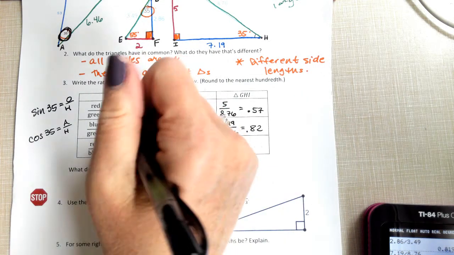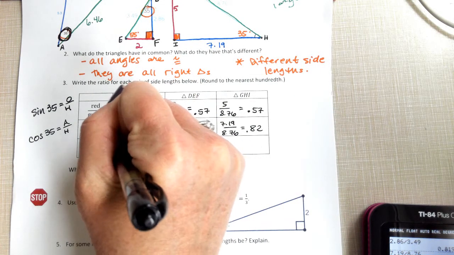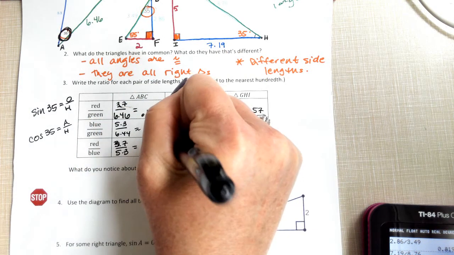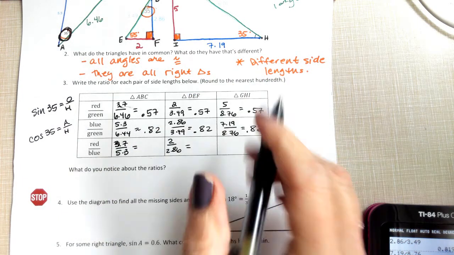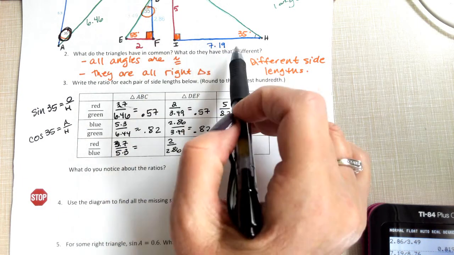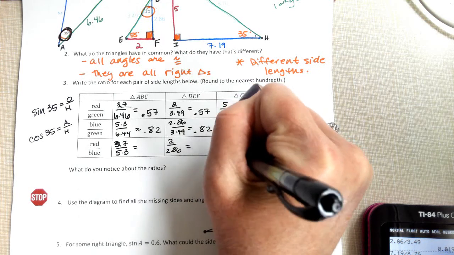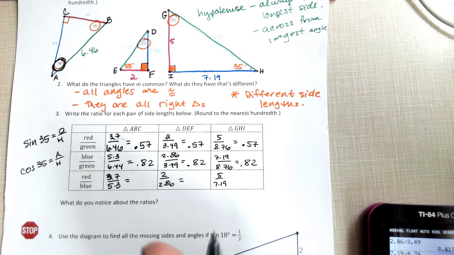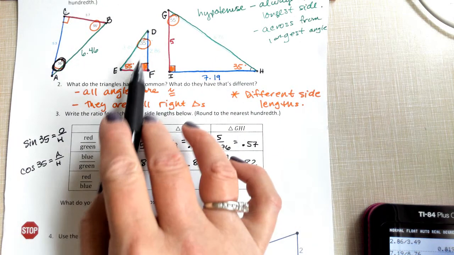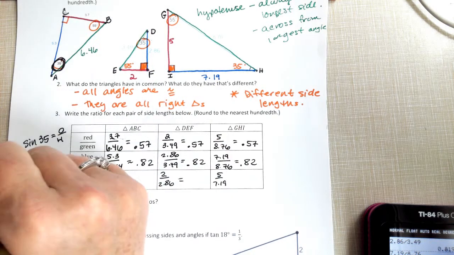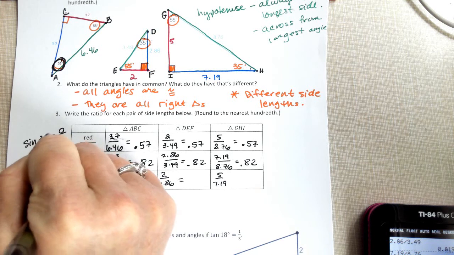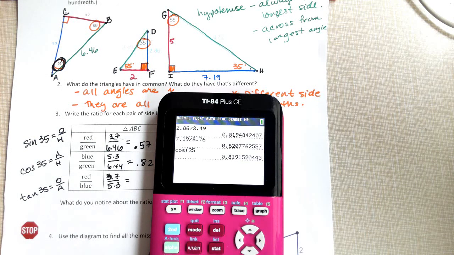Okay, red over blue: 3.7 over 5.3, 2 over 2.86, and 5 divided by 7.19. So red over blue we know to be the tangent, which is opposite over adjacent. If I hit the tangent of 35, it would give me 0.70.